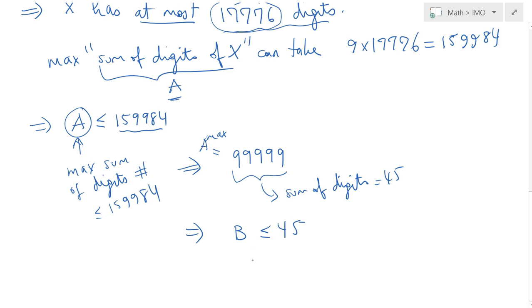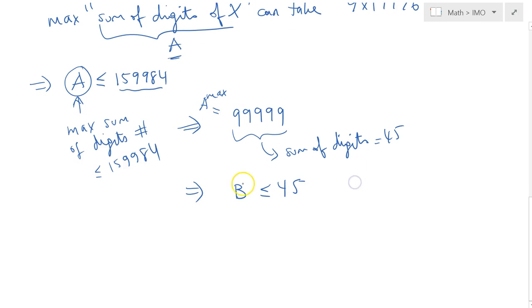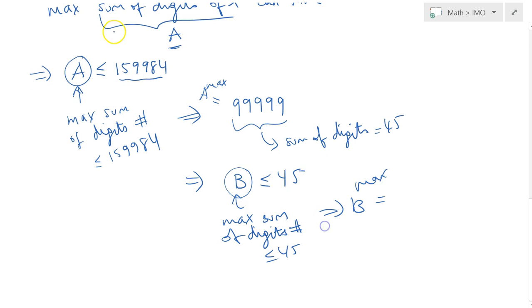But then working backwards again, what is the maximum sum of digits? Let's write that down here again. Maximum sum of digits number less than or equal to 45. It turns out that the maximum sum of digits number less than 45 is just, so 39 has the maximum sum of the digits from any given number b.